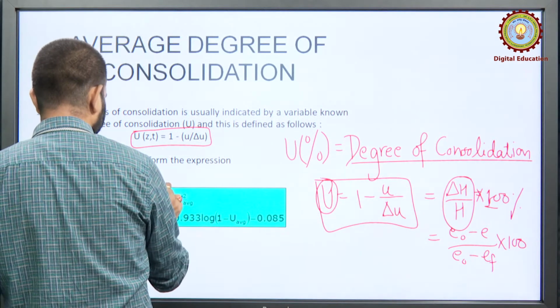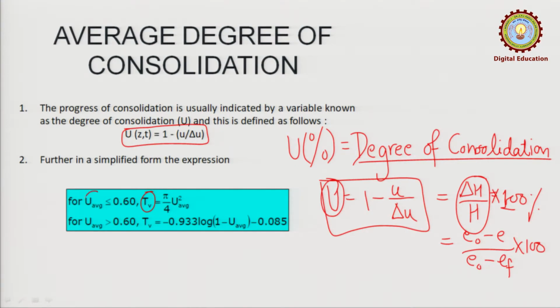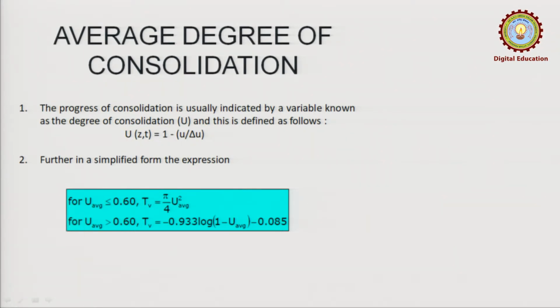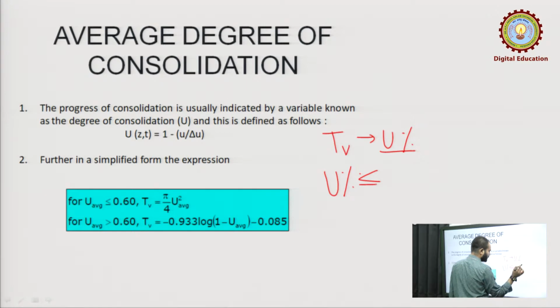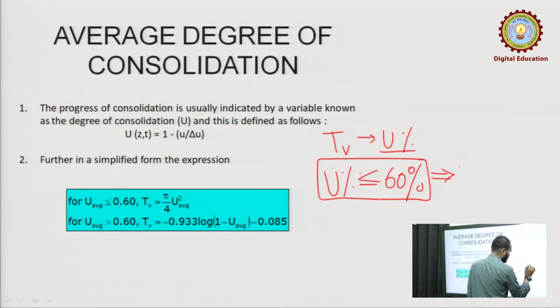Now, relating this time factor Tv with U, how are they related? Tv will depend on U, we have already discussed this. If the value of U is less than or equal to 60%, remember this, then Tv is calculated by the formula pi by 4 U square.